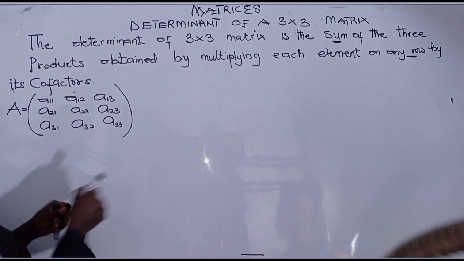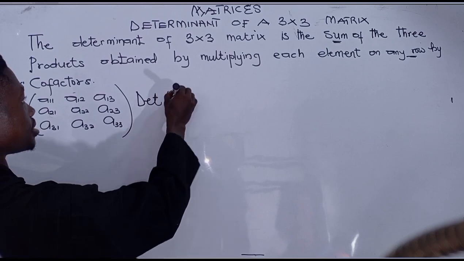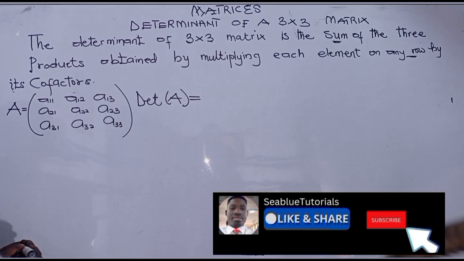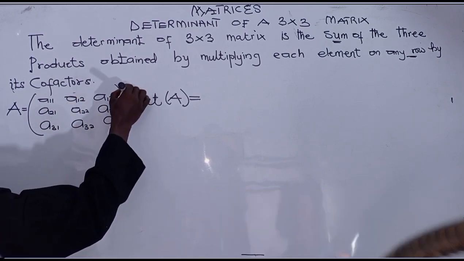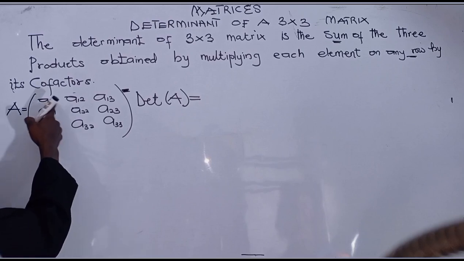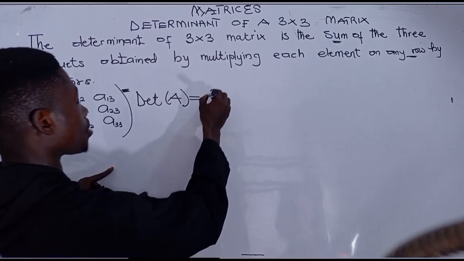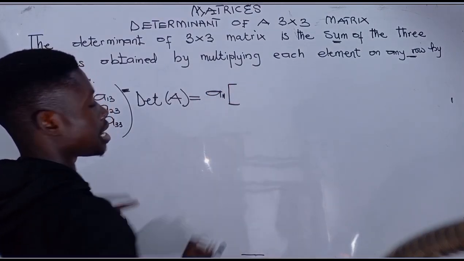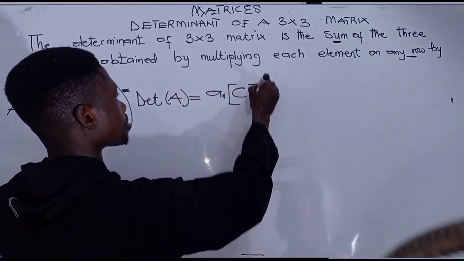So we want to find the determinant of matrix A. We are going to multiply each entry on the row that we have chosen. So we have chosen what? The first row. So we are going to multiply each entry on that row by its cofactors. We have the first entry, which is A11, multiplied by its cofactor, which is C11.